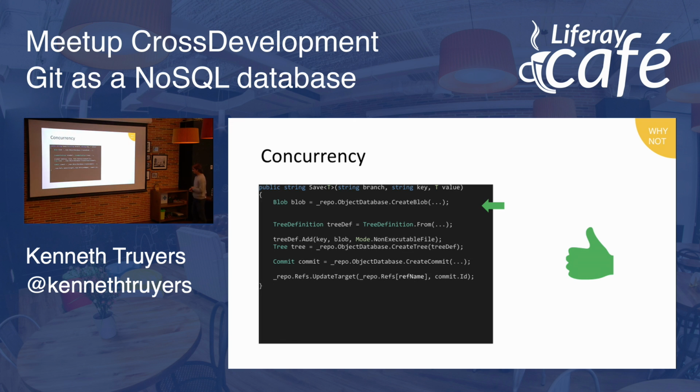Next problem, concurrency. The database usually will be accessed from different places. People will start storing data in there. And we're doing four things, essentially: creating blobs, creating trees, creating commits, and creating branches. So what happens if multiple people try to create a bunch of blobs?